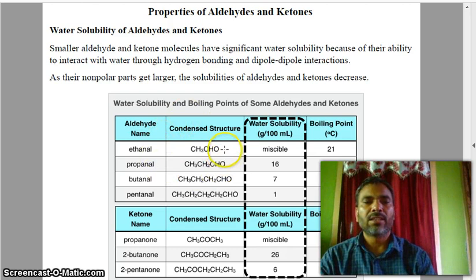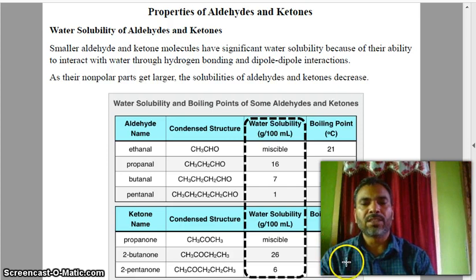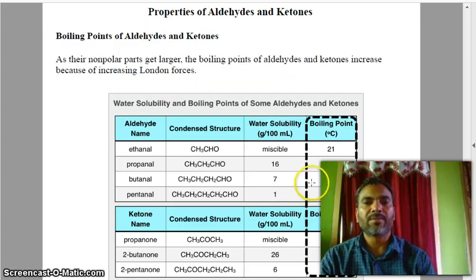Look at this table: ethanol, propanol, butanol, and pentanol. You see the miscibility, and the boiling point is increasing. Now propanol, butanol, pentanol, you see, and boiling points 56, 80, 102. So the boiling point is increasing.